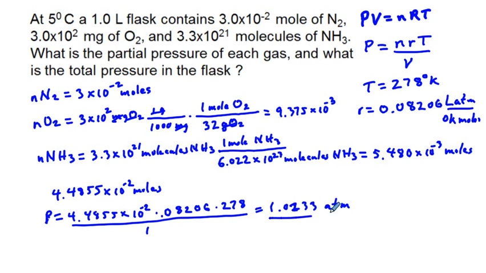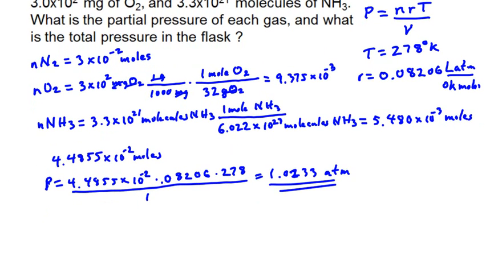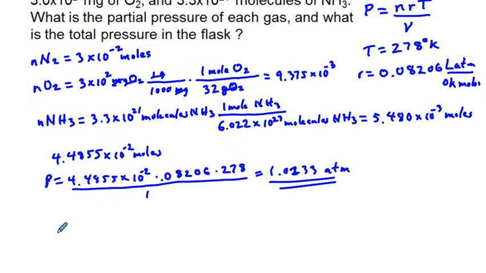And then we're going to go to a partial pressure. For a partial pressure, we're going to look for proportionality. So our pressure of nitrogen is going to be what proportion it is of the whole.